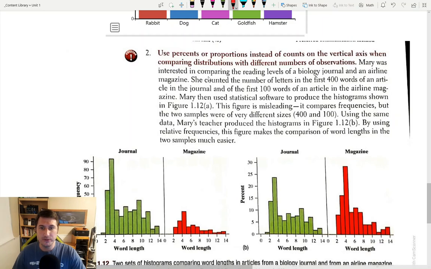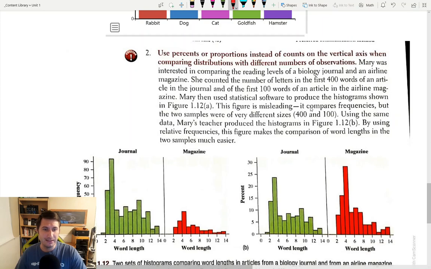So Mary was interested in comparing the reading levels of a biology journal and an airline magazine. She counted the number of letters in the first 400 words of an article in the journal and the first 100 words of an article in the airline magazine. Mary got lazy. Mary then used statistical software to produce the histograms shown in figure 1.12a.